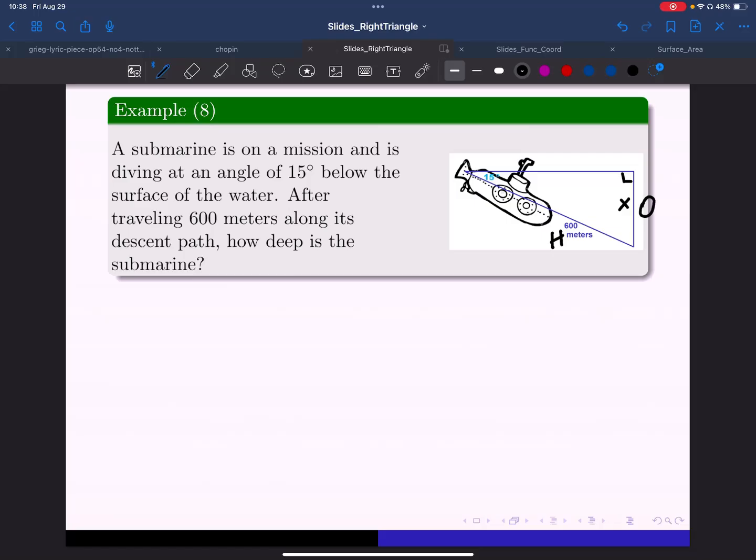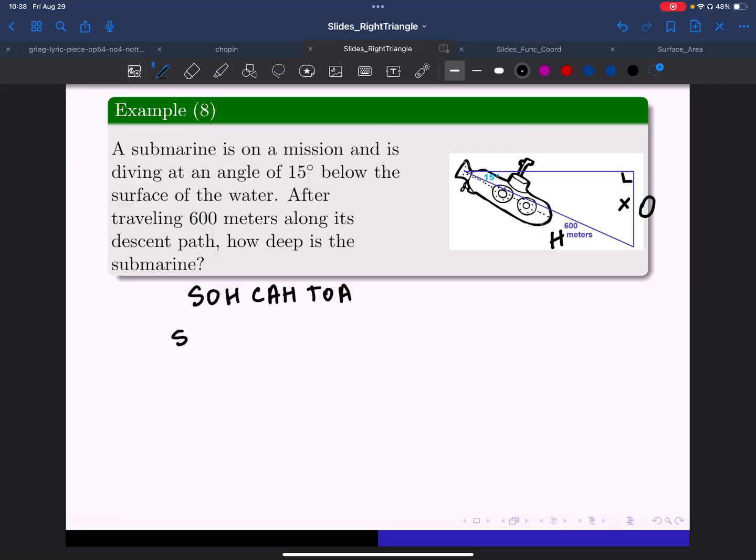And then we have the angle. So we need to choose a trigonometric ratio that relates opposite and hypotenuse. So SOHCAHTOA: opposite and hypotenuse. Opposite over hypotenuse is my sine.